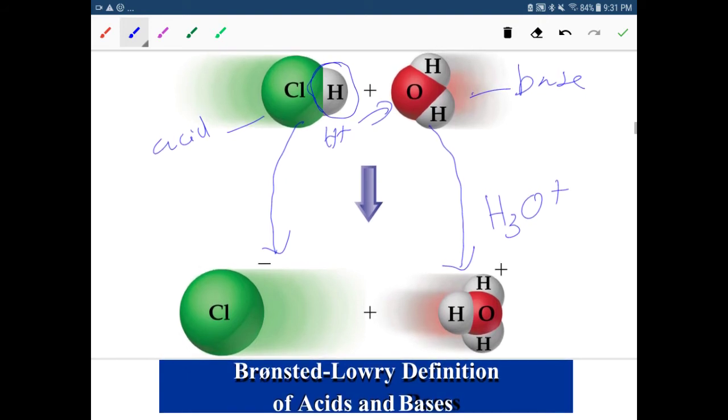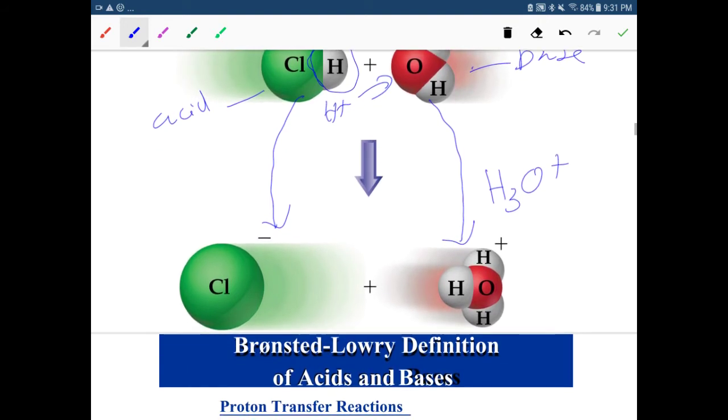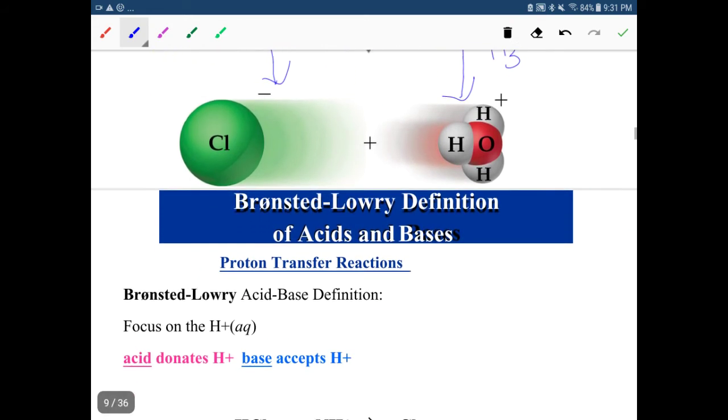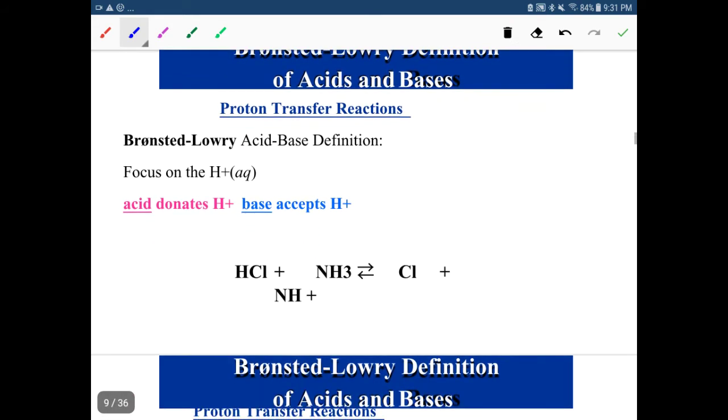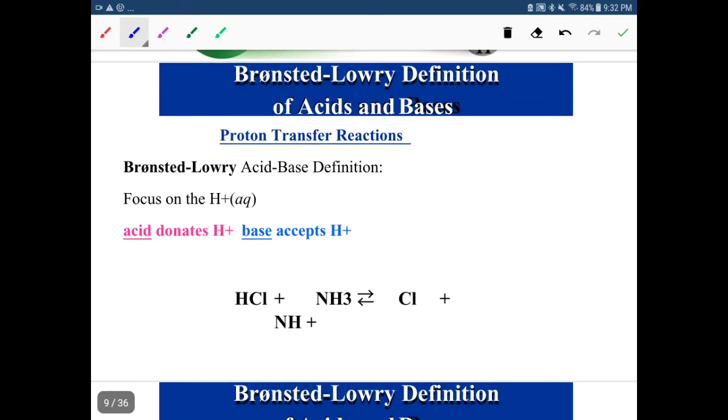Which one gains the H plus, which one loses the H plus. So basically, in the Bronsted-Lowry theory, the proton, the H plus, is transferred from the acid to the base.